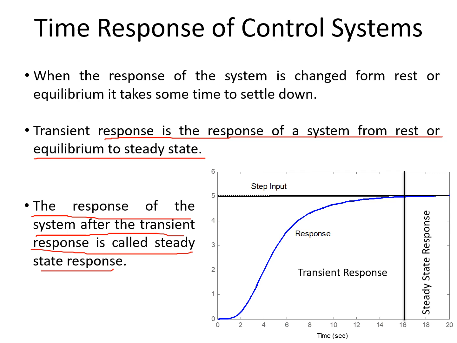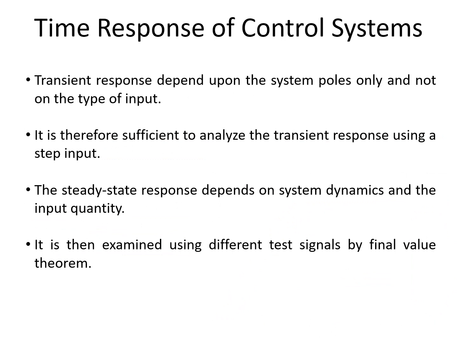So that is what is shown here. From here to this state, this part is called your transient response. And after reaching this steady state, whatever response I get is my steady state response. This is the difference between the two types of response of the system.